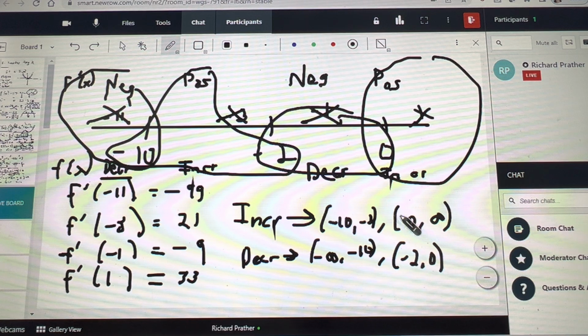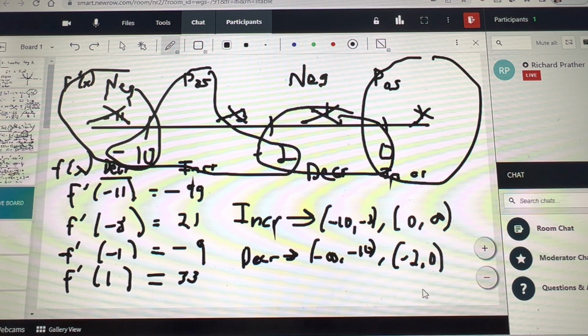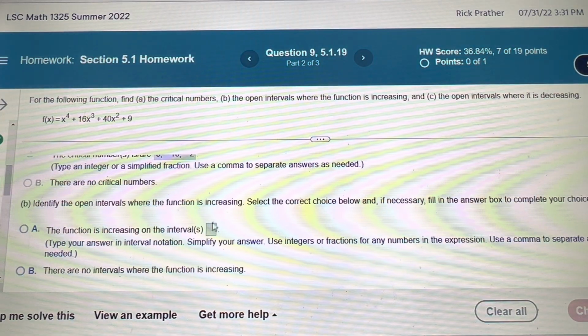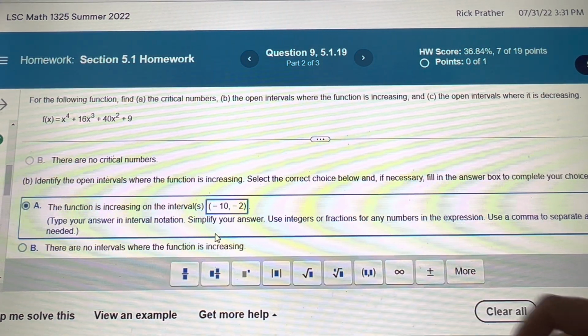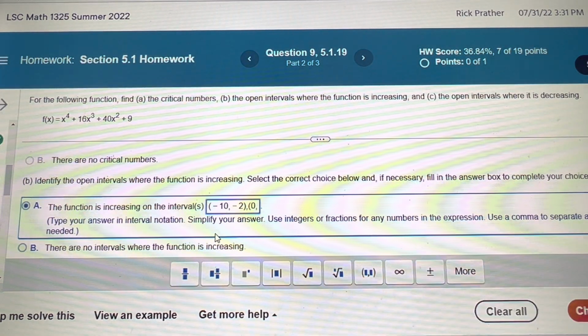And literally, this takes you from all four of these from negative infinity to infinity. You go from negative infinity to negative 10, then you pick up at negative 10 and go to negative 2, then you pick up at negative 2 and go to 0, then you pick up at 0 and go to infinity. And that's because a polynomial is continuous everywhere. So I'm increasing from negative 10 to negative 2 and from 0 to infinity, if I remember that right.